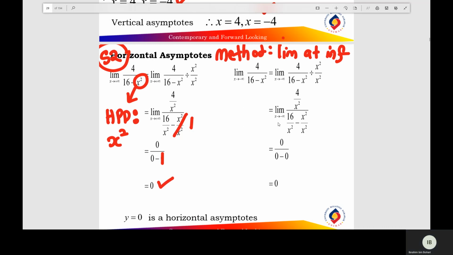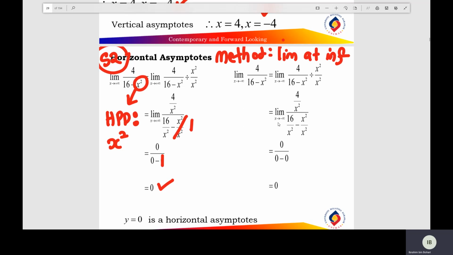And here you find the limit of 4 over 16 minus x squared when x approaches negative infinity, and the highest power equals x squared. Okay, and then you check the answer, substitute the value negative infinity into the function.